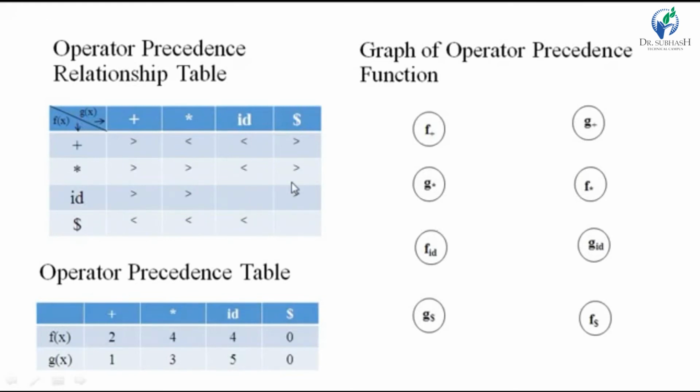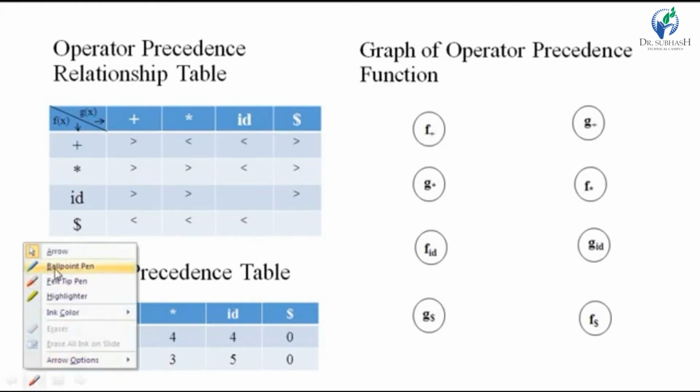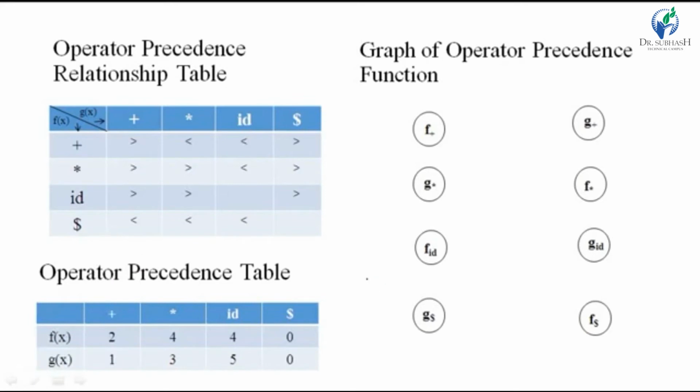Now construct the graph of the operator precedence function. How can you draw the graph of the operator precedence function? Here F plus, relation of F plus with other functions. In your F plus, greater precedence will be outward.